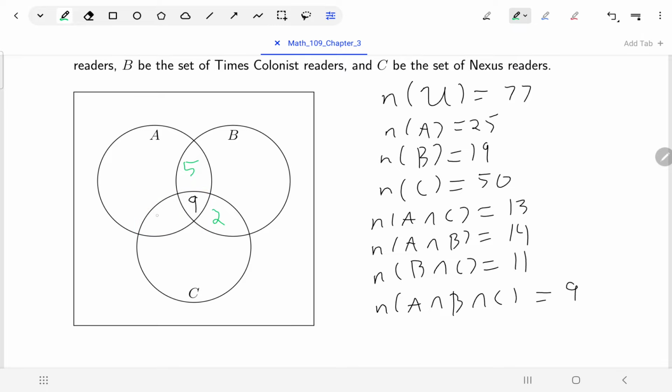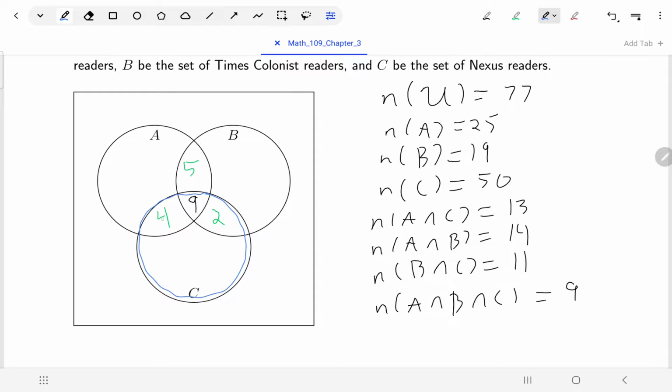I've already got 9 people in there, so I need just another 4. Okay, so we did the 3 sets together, the pairs of sets. Now we'll do the individual sets. So this is where, again, we're going to need to subtract, because if I'm thinking about set C, that's this whole circle, which consists of 4 regions, and I'm supposed to have 50 people in there all together.